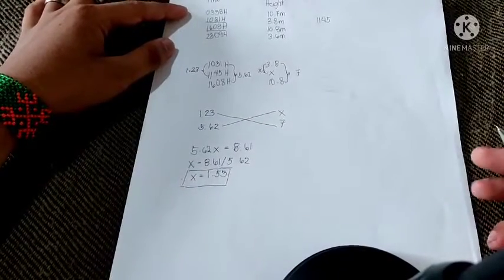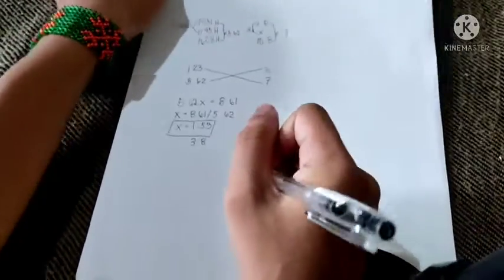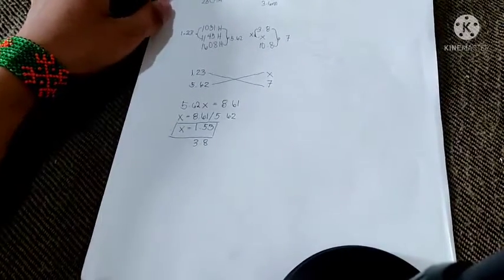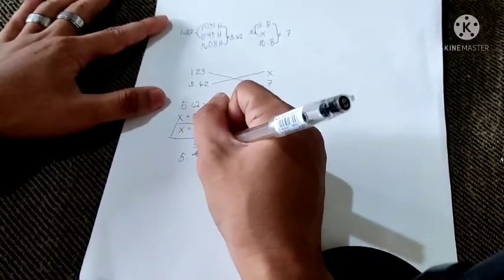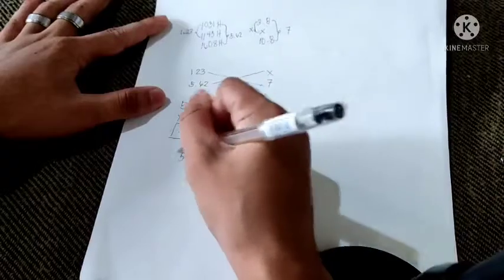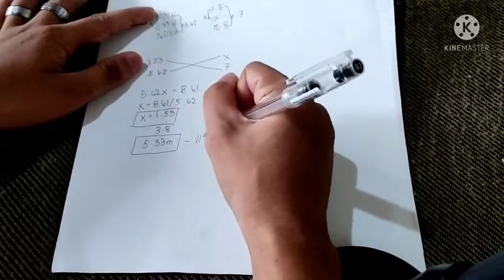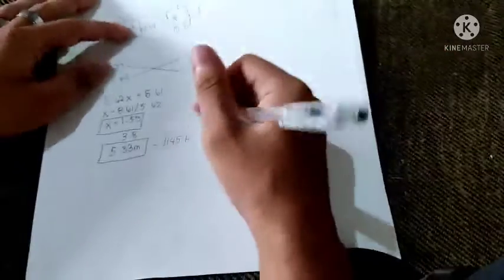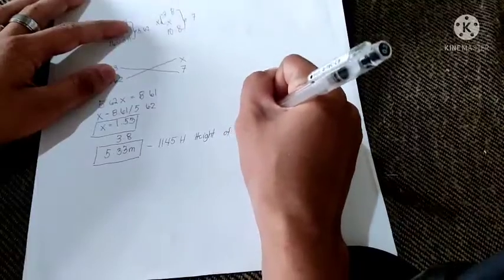So ididiretso natin 3.8. Plus natin 3.8 dito siya. So it is equal to 5.33 meters. So ito na yung magiging 11:45 hour height of the water.